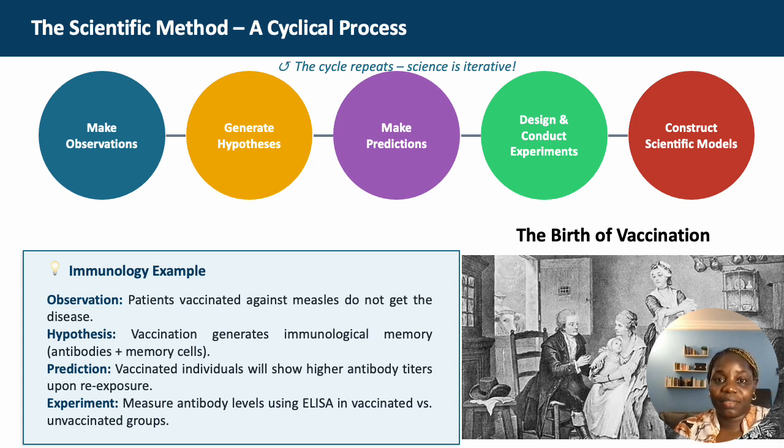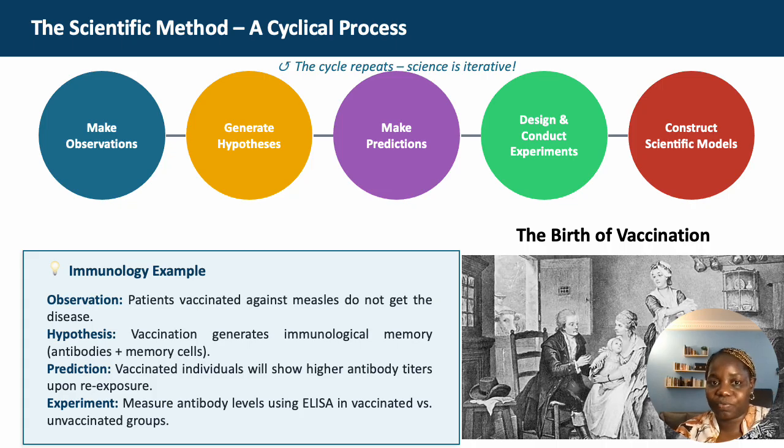The model that eventually emerged from Jenner's work was the vaccination model. This was the first time they used one disease to protect from another disease. It was not the first use of the technique of using a light form of a disease to protect from the most dangerous form.